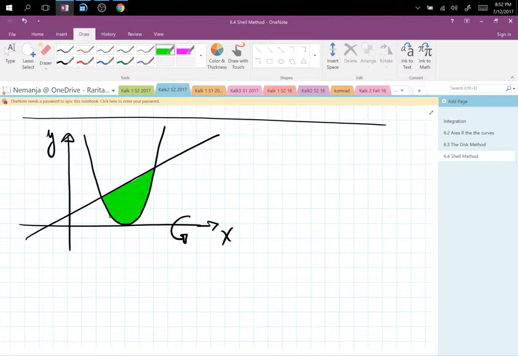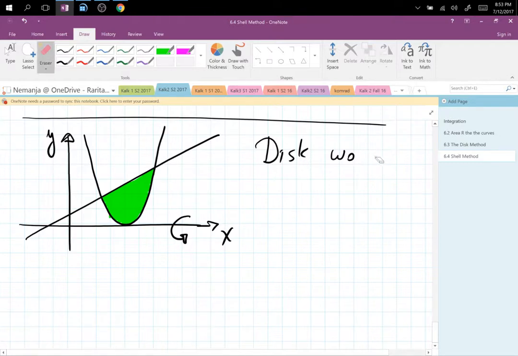If you note, disk method is just fine, shell method cannot be done at all because the shell method would require dy, and look at this dy, it stretches between the same function, right? So can't be done. I know in this portion here it works, but this part of the graph is also part of the problem, right? So you can pick and choose portions where it works and just compute there. So disk works.